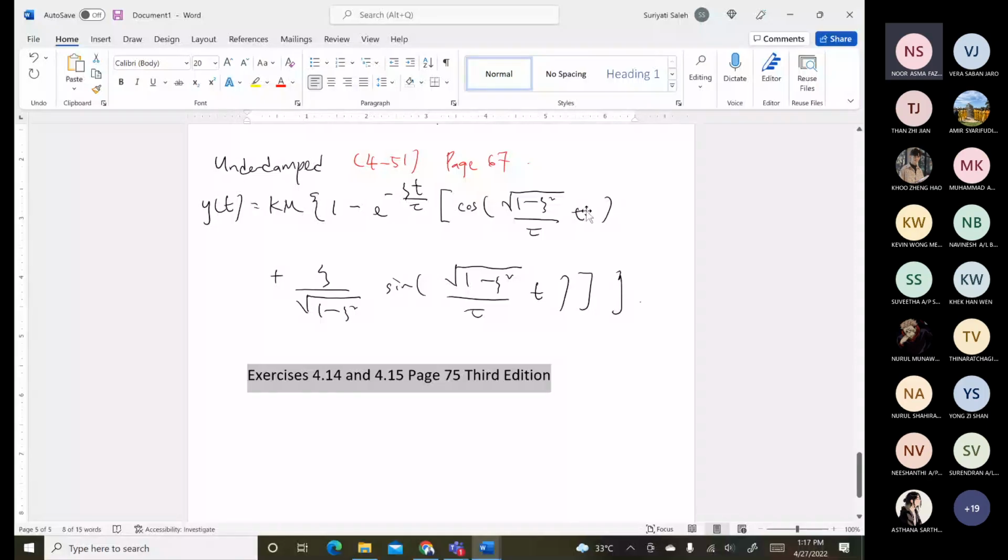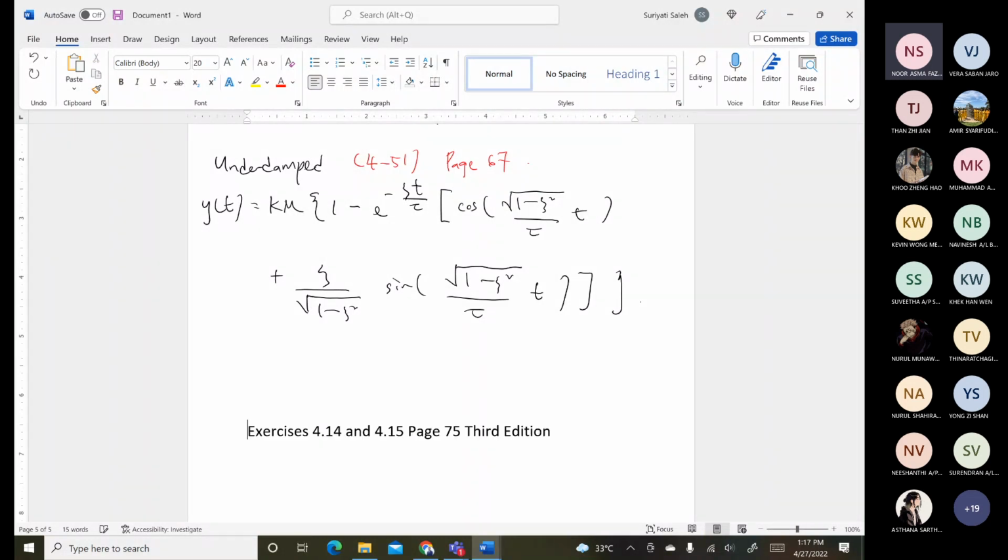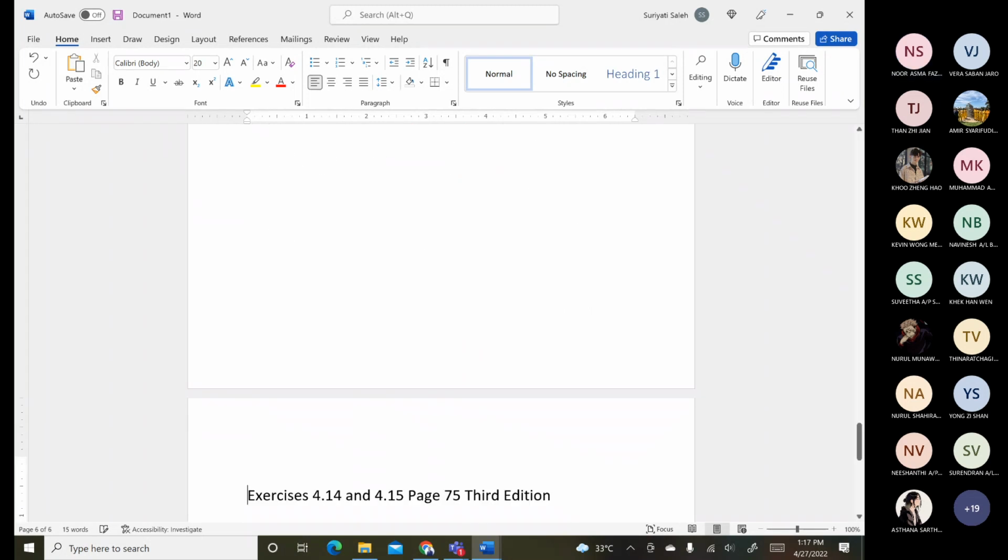Okay, I cannot find the soft copy of the question. So I hope you can find exercise 4.14 and 4.15, page 75, third edition.